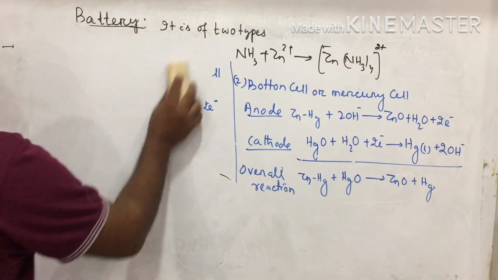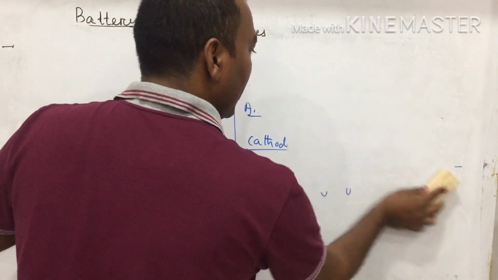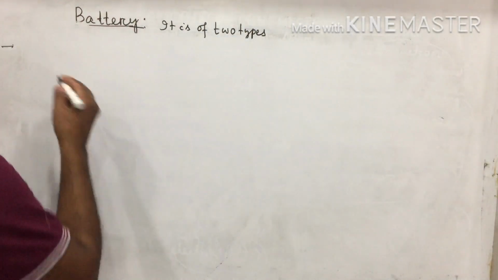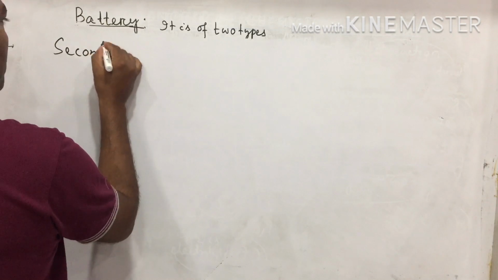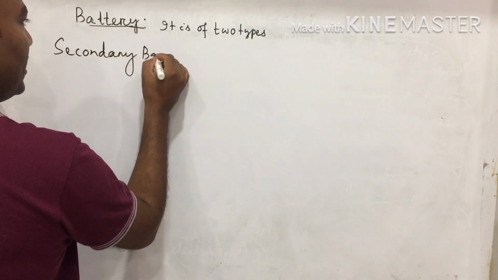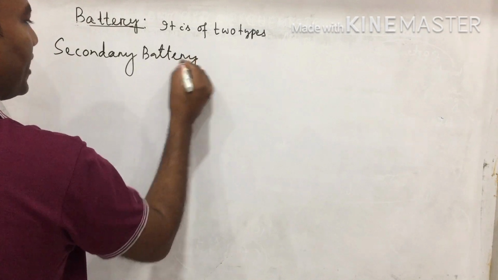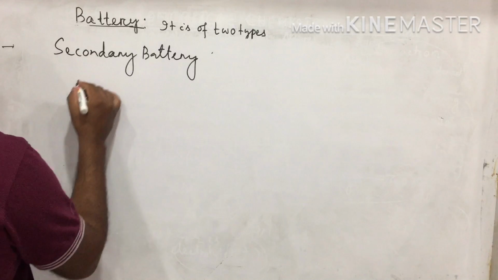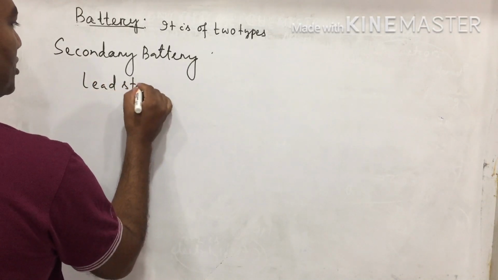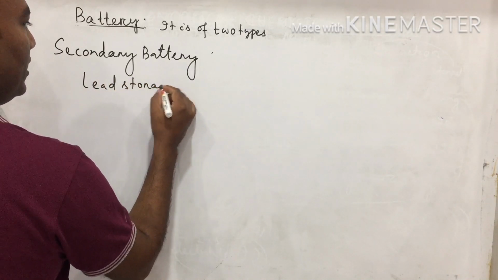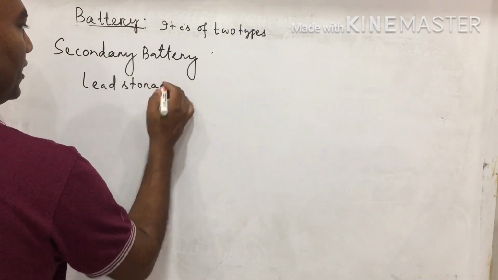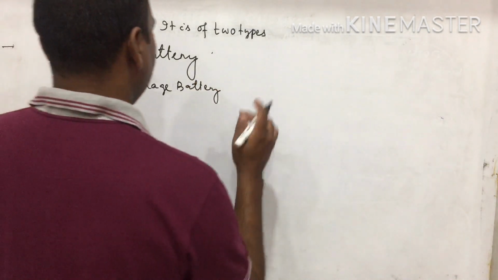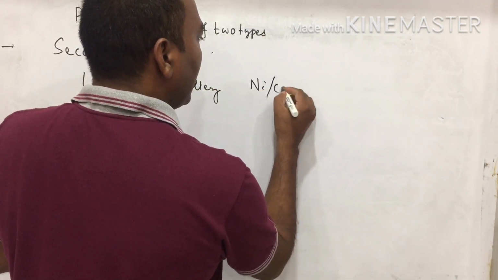Then the second one is the secondary cell. A secondary cell means one which can be used again and again, or which is rechargeable. So next is the secondary battery, which is rechargeable. In the secondary battery, first we will read the lead storage battery, and another one is the nickel cadmium battery.